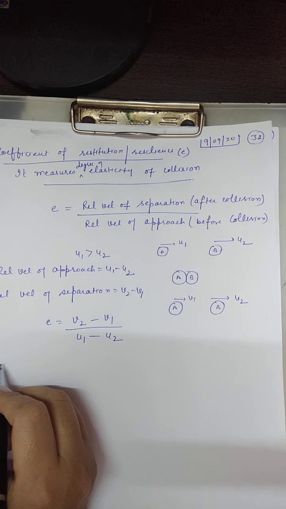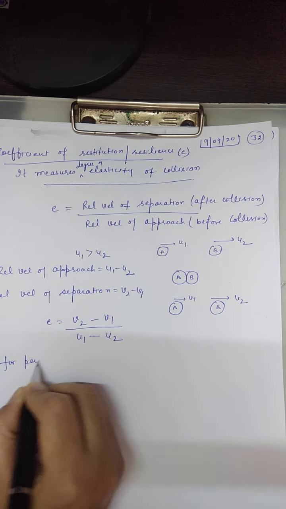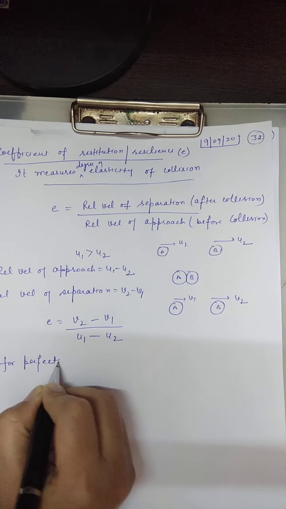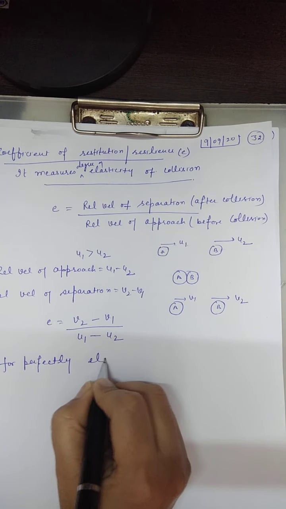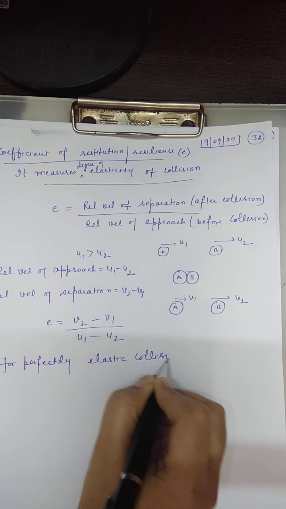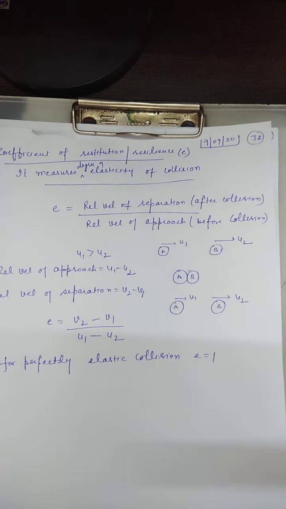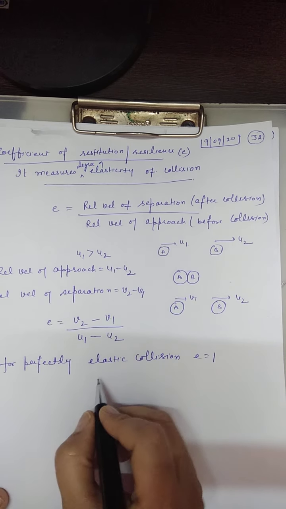Now for perfectly elastic collision, what is the value of E? For perfectly elastic collision, E is equal to 1. What does it mean?